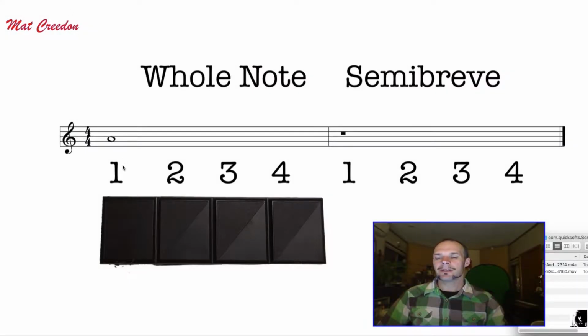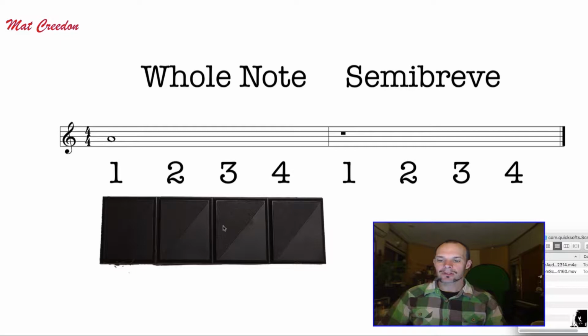Okay, so here we have our whole note, and a whole note is this little symbol here, and the whole note goes for 4 counts, or you might say 4 beats or 4 quarters, and here is our chocolate bar representing the length of this whole note.